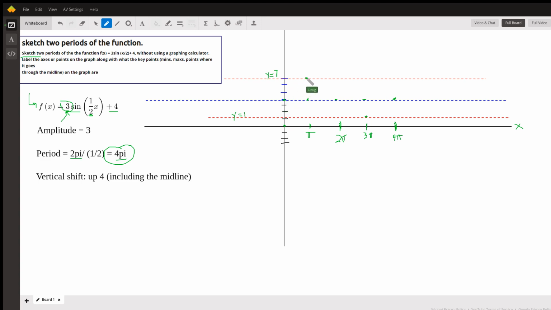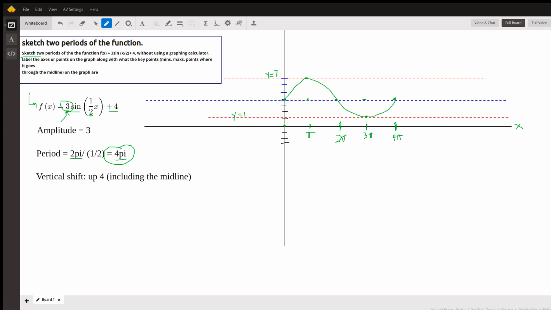We're going to climb up to the maximum at the quarter point, back to the midline at the halfway point, down to the low point at the 3/4 point, and then finally back to the midline. So a rough sketch would look something like this. There's one period, although the period is 4 pi.